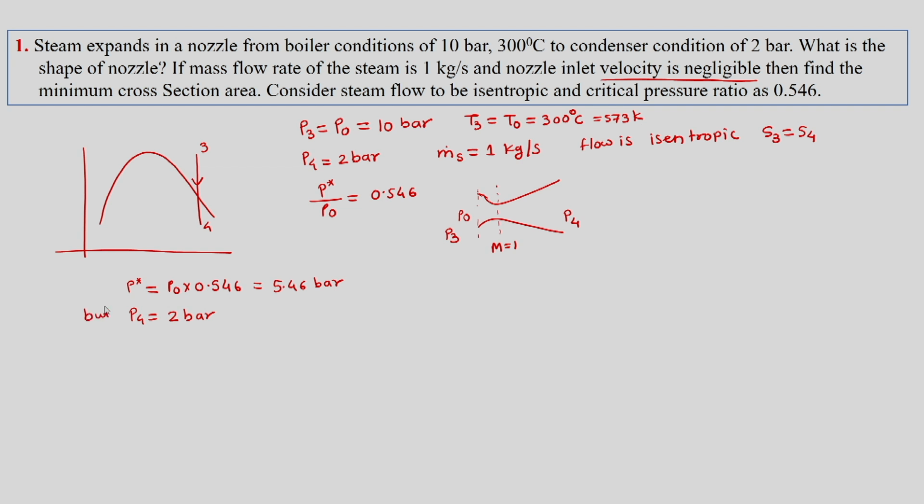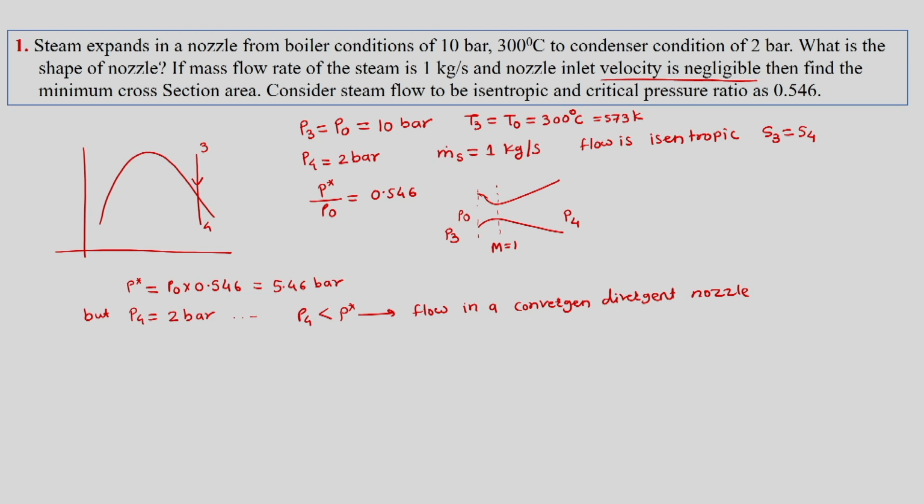So since P4 is less than P star, we have flow in a convergent divergent nozzle. The flow has already been choked by the pressure difference, and P4 is so much lower than P star that the flow has to be in the convergent divergent nozzle.